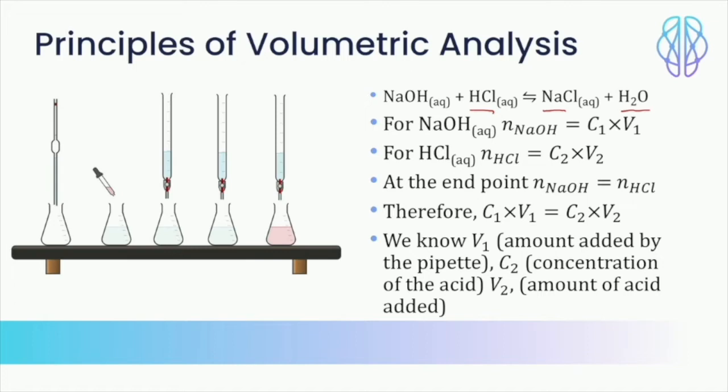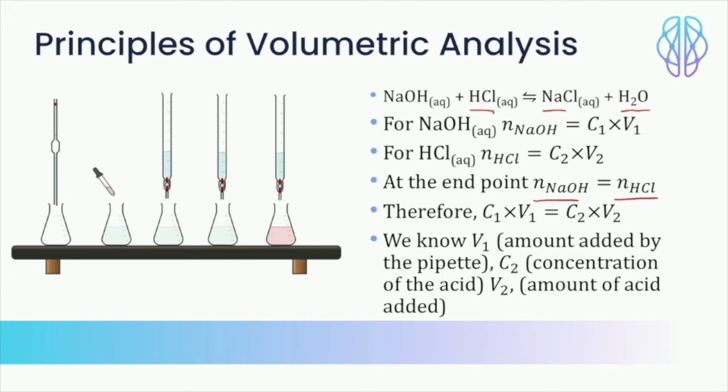So do you agree, at this point, the moles of sodium hydroxide and the moles of hydrochloric acid would be equal? I guess that makes sense. And we also know that we can get the moles by multiplying the concentration by the volume.